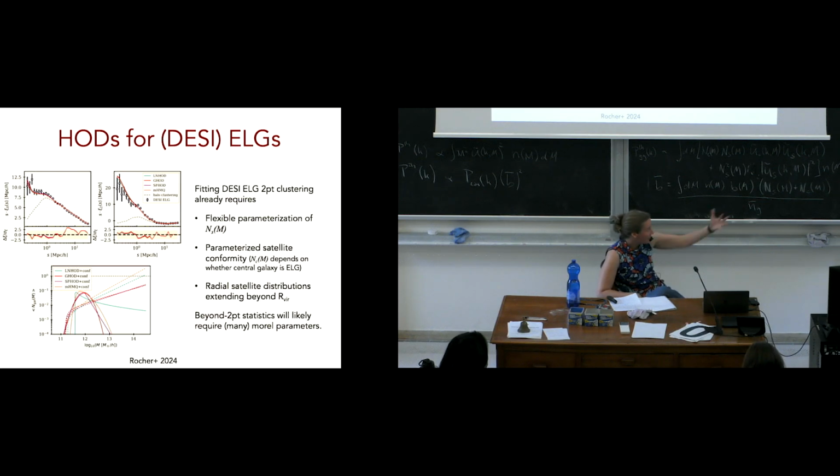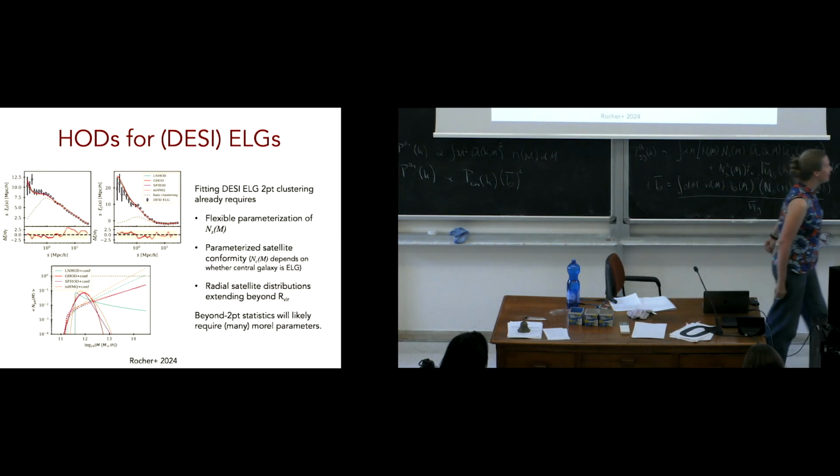In order to fit this small scale clustering of ELGs, they realized that they need a bunch of additional ingredients in the HOD modeling. First of all, over here you see the mean HOD inferred in different flavors of HOD modeling, where the solid line is the central occupation and the dashed lines are satellite occupations.